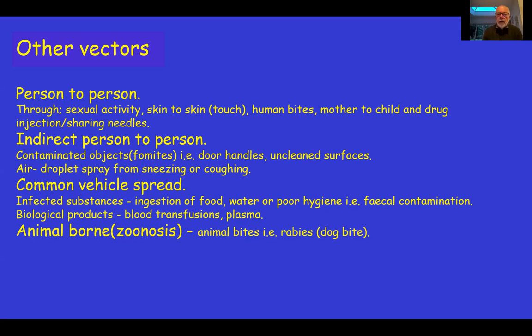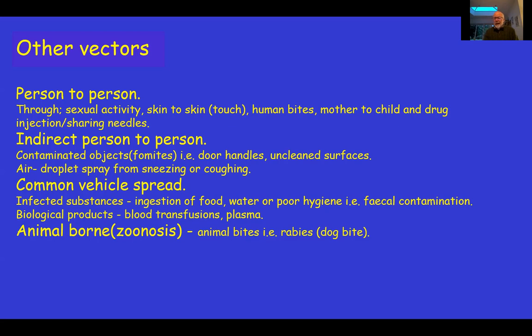But there have been some harrowing cases of people getting HIV from plasma and blood transfusion when that came out with the AIDS of the 80s and 90s.